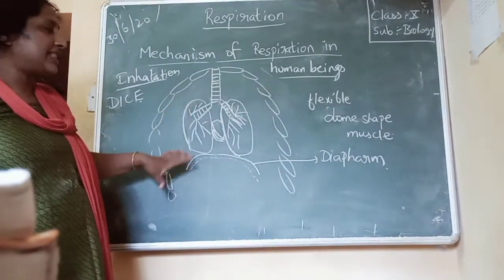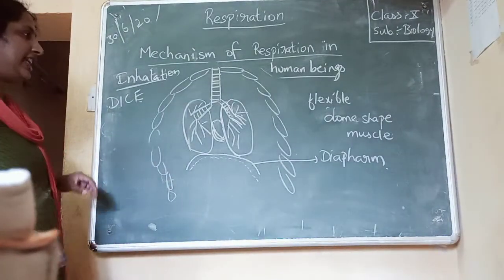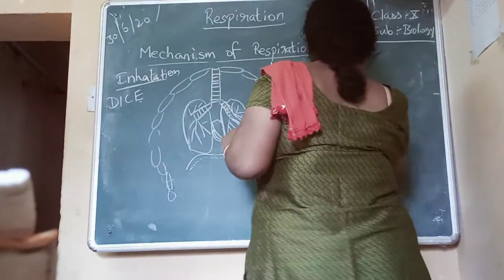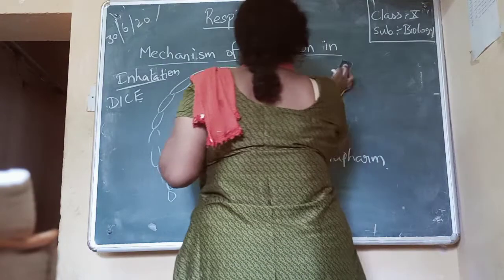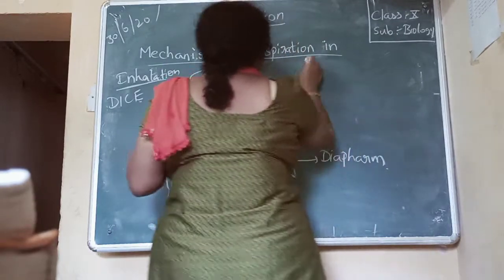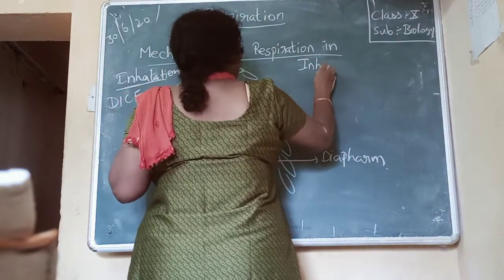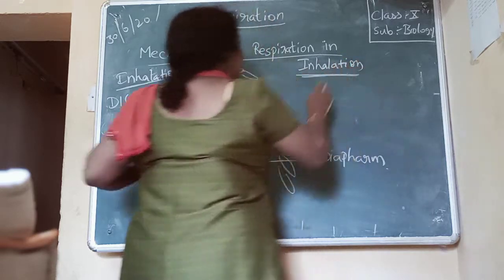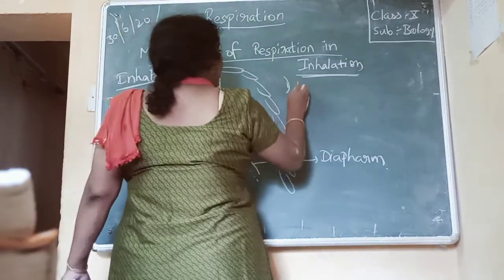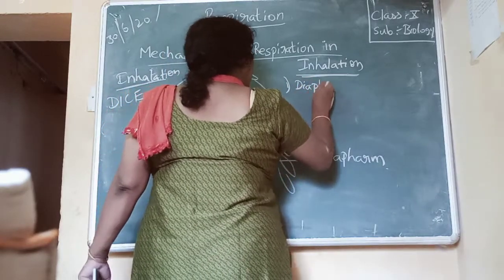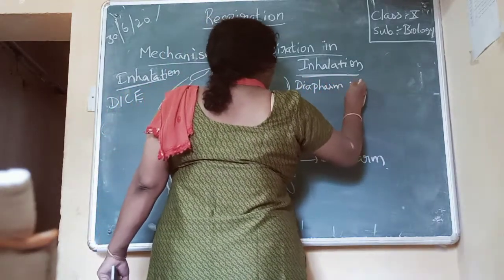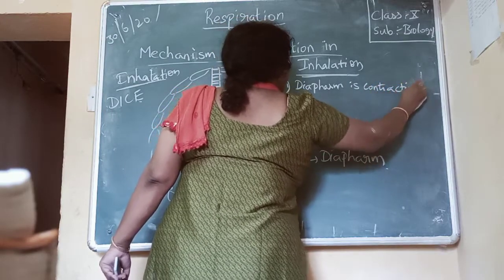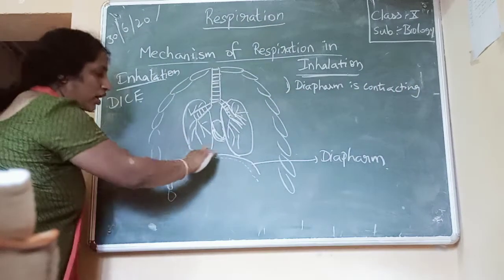So what happens when the diaphragm contracts? The space in the chest cavity increases. Okay, so I will write down the points here. During inhalation, the diaphragm contracts.